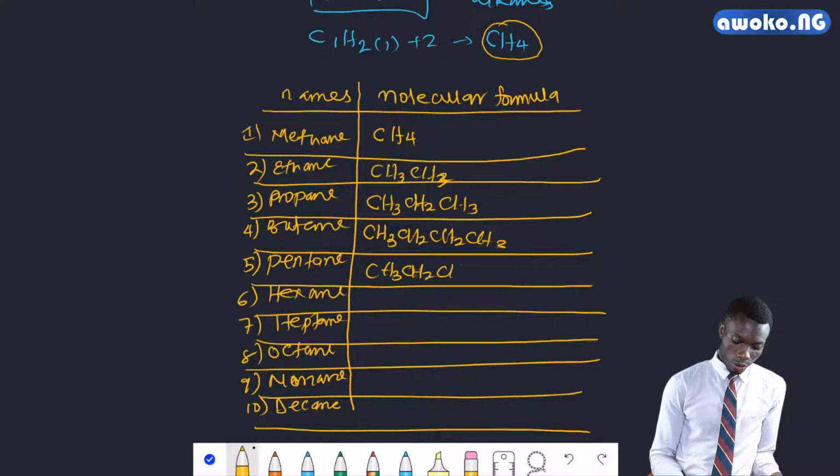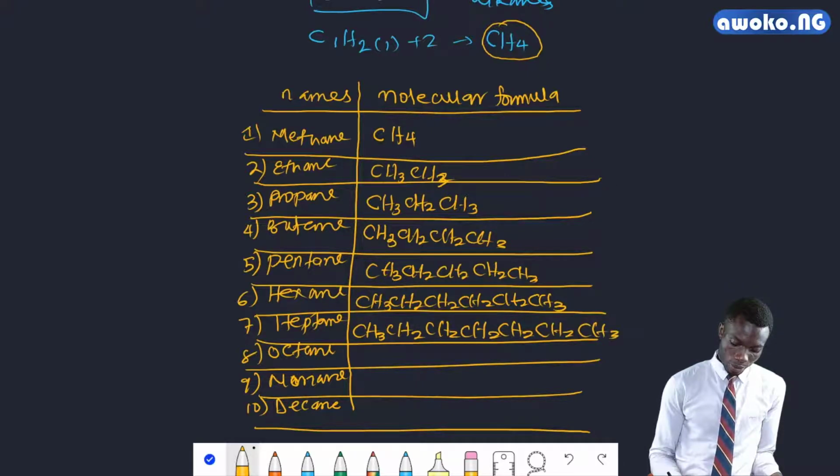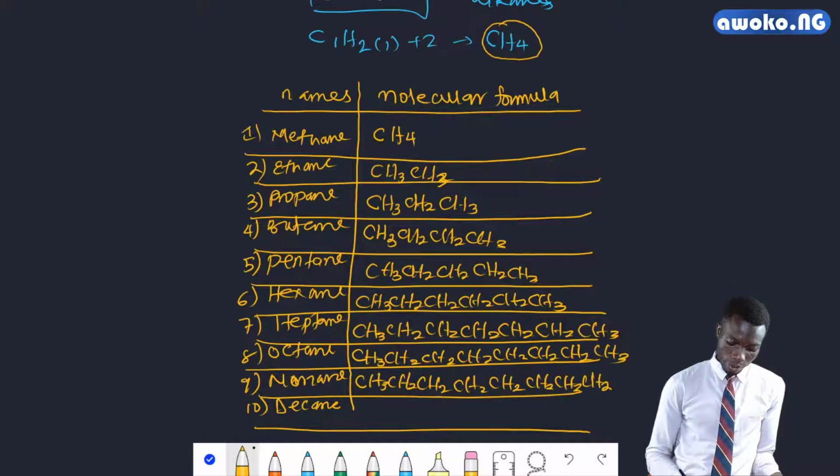Then we continue adding CH2 groups between the two CH3 ends for pentane, hexane, heptane and octane. We have CH3, CH2, CH2, CH2, CH2, CH2, CH2, CH2. We have 1, 2, 3, 4, 5, 6, 7, 8 CH2, and then CH3.